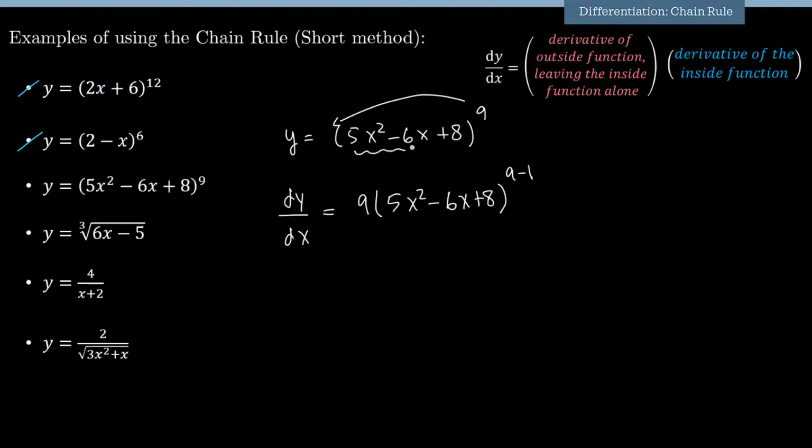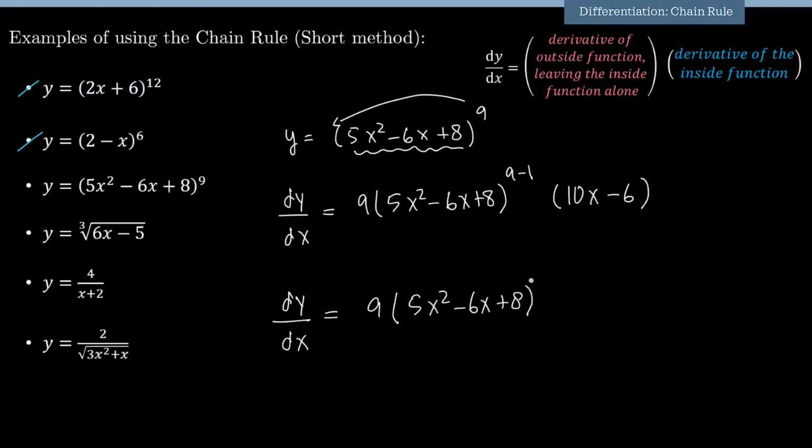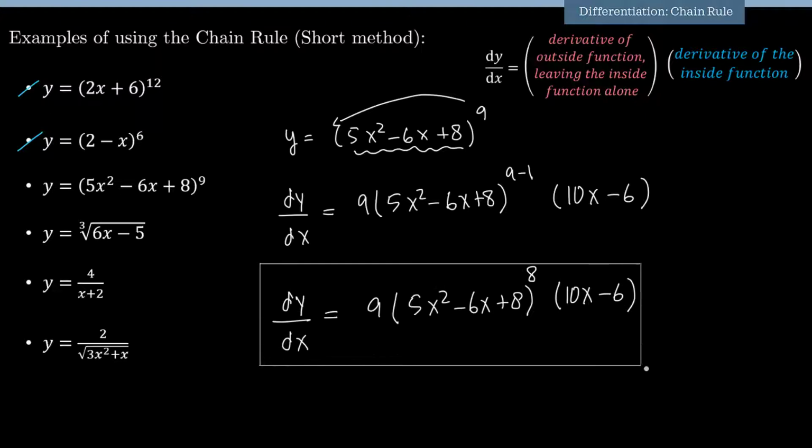This is the inside function, and the derivative of this is going to be 10x minus 6. 9 minus 1 is 8, so dy upon dx is equal to 9 times (5x squared minus 6x plus 8) whole raised to the power of 8 times (10x minus 6). This is the answer to the third question.